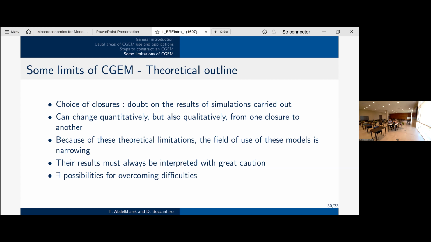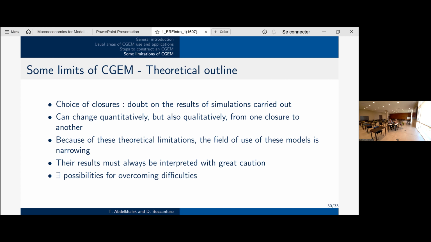If we select a different closure, we will have different results in the simulations. The closure to close the model can change the results quantitatively and qualitatively from one closure to another. And this introduces some skepticism.